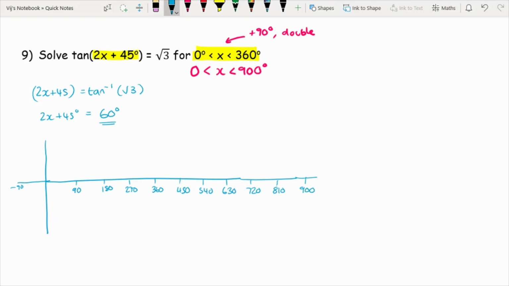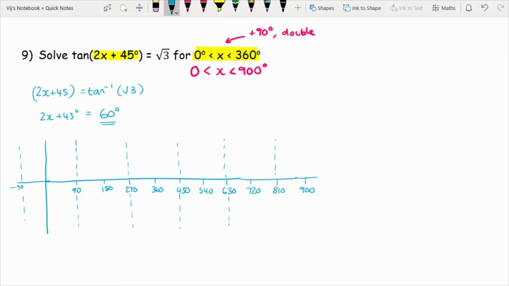Like so. And now what I'm going to do is just do my asymptote lines, just to give me an idea of where I'm going.